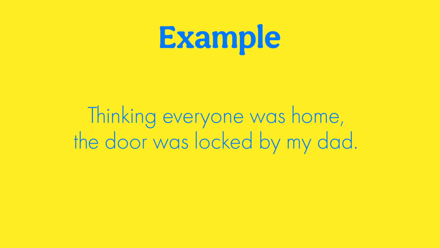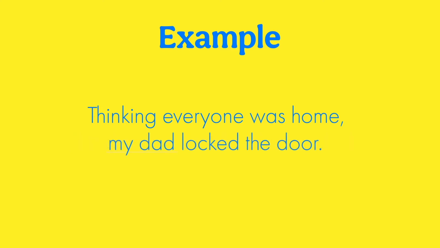According to the sentence, the door is thinking everyone was home, which is impossible, right? So we correct that by saying, thinking everyone was home, my dad locked the door, which makes sense because thinking everyone was home is that descriptor and it's going right next to my dad. So the describing words of thinking everyone was home, which is what my dad is doing, is right next to the words my dad. These are some of the hardest questions to get right on the ACT, but if you can recognize them and know the steps to do them, they become much, much easier.